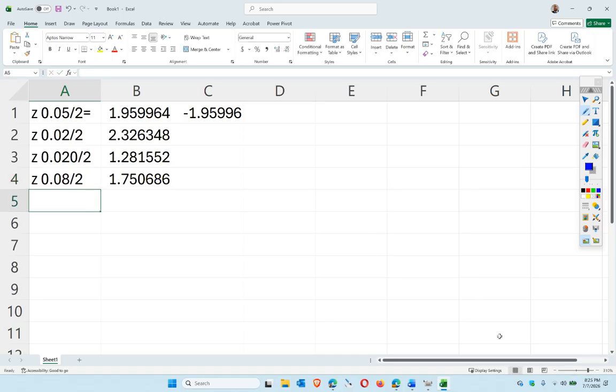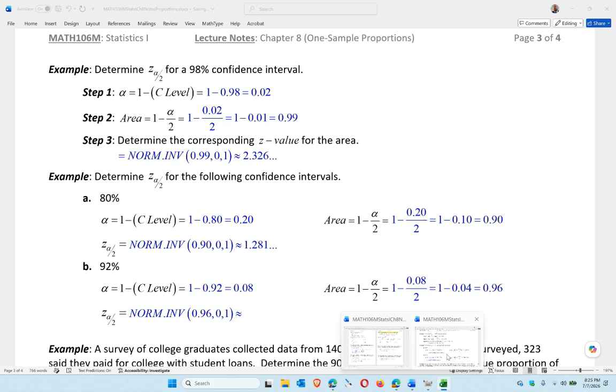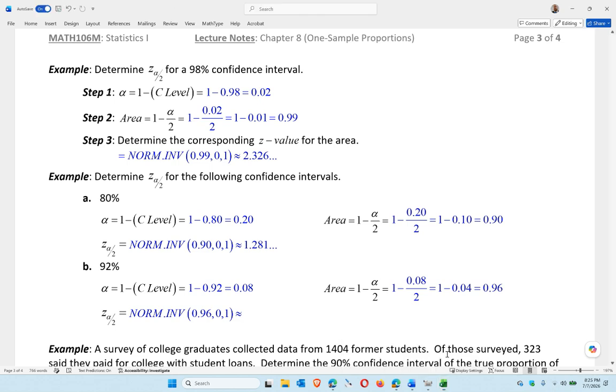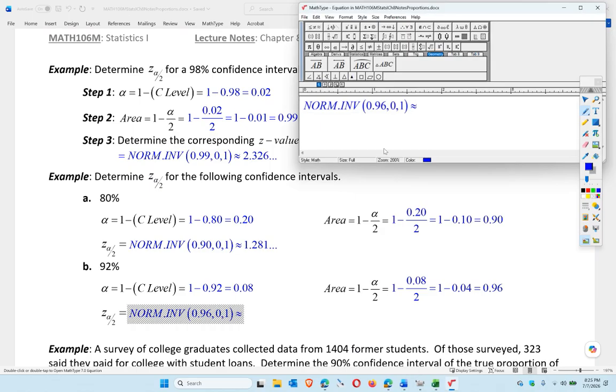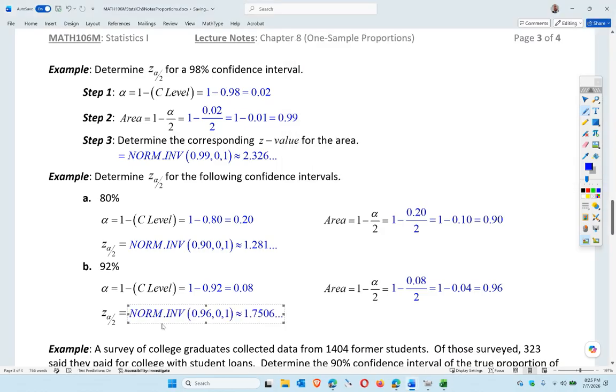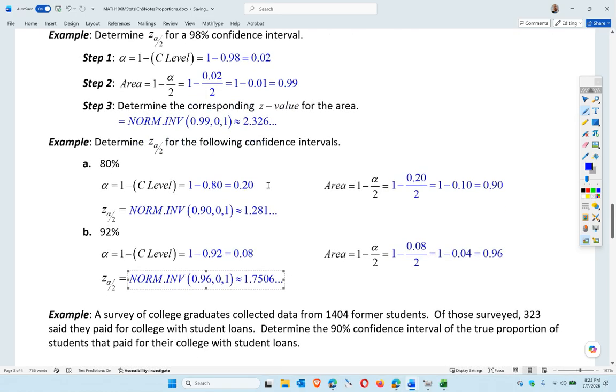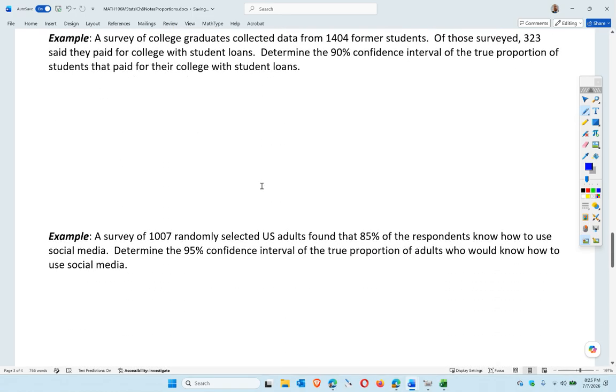It's 1.7506. Okay, now we know how to figure out z. What we want to do is figure out our confidence interval. Okay, so let's do a question here.